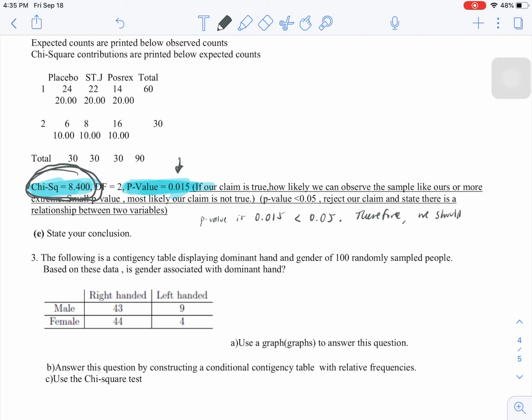Therefore, we should reject our claim and conclude that there is a relationship between our two variables, the treatment that patients received for their depression and their diagnosis at the end of treatment. And that is our chi-square test.